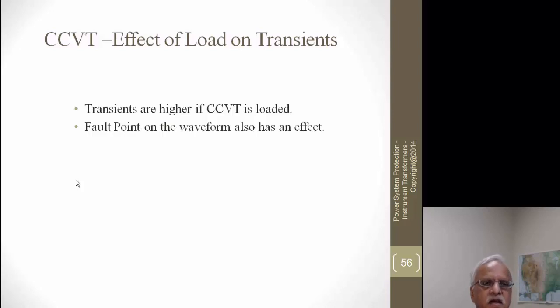If you use a capacitive CCVT and there is a short on the primary side, because of the stored energy in the capacitor, it oscillates and decays slowly, generating issues on the performance of relays under transient conditions, especially those protecting transmission lines.